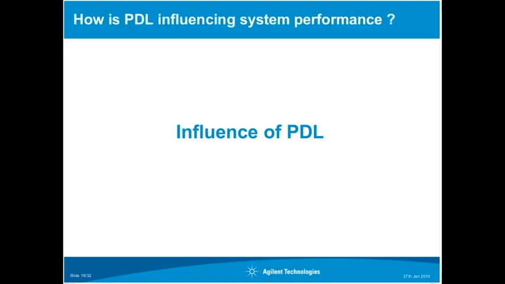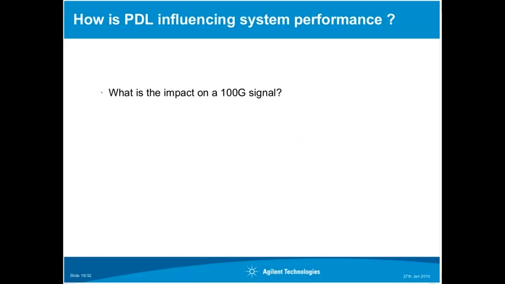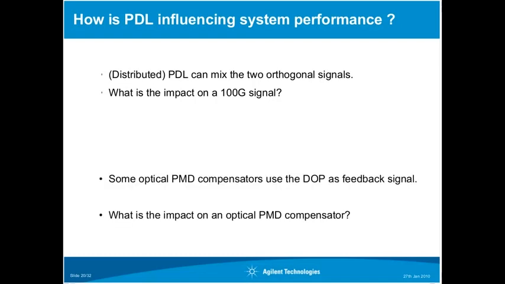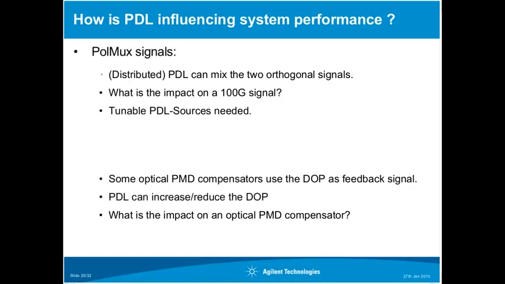And so why is that? If you take a look at pol-mux signals, they are transmitting in 2 orthogonal polarization states. Most of you might know that if you just put a polarizer into the path, you will probably see interference because components of the 2 signals are mixed together into one polarization state.